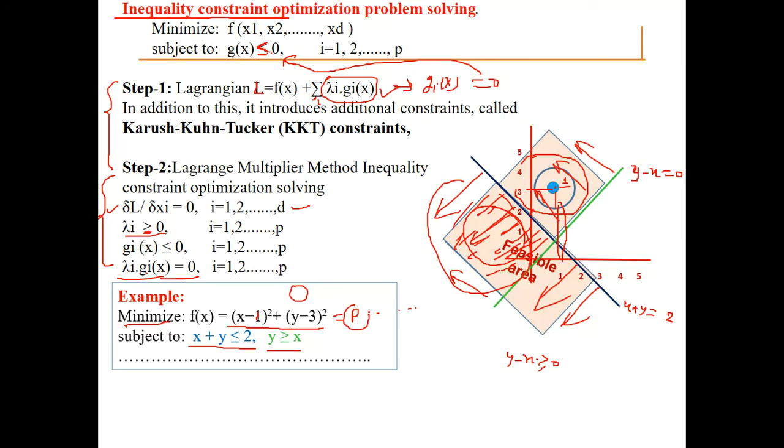So what should be the minimum value of p such that it comes into this feasible region. Once it is touching here, this will be the solution.